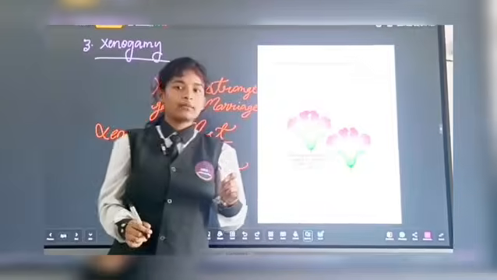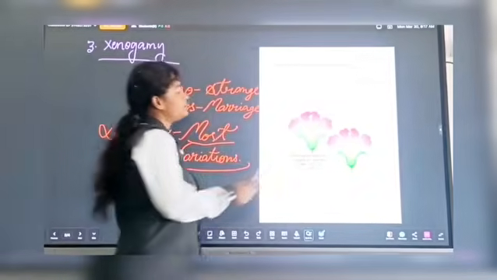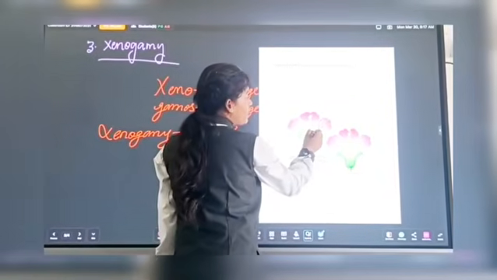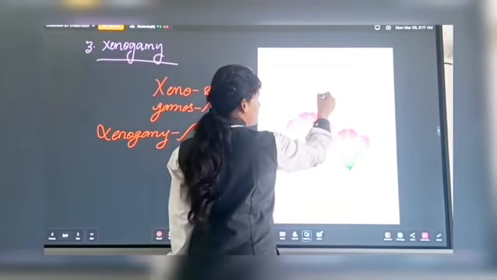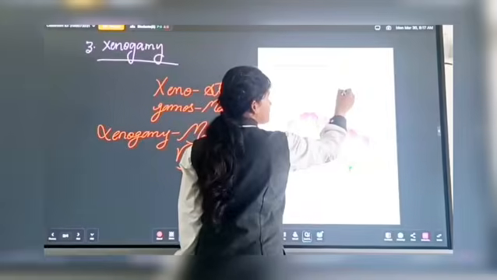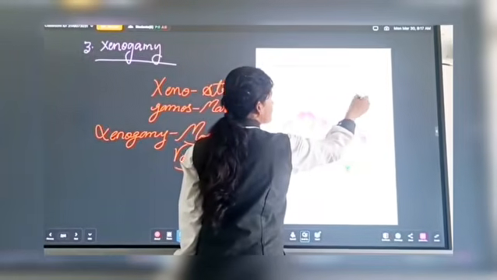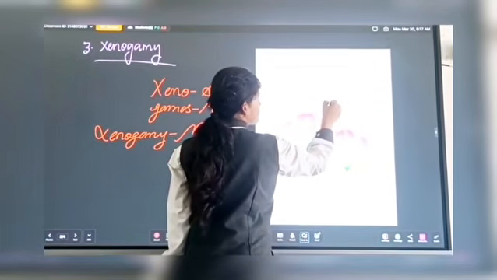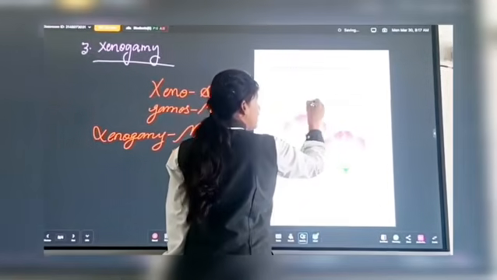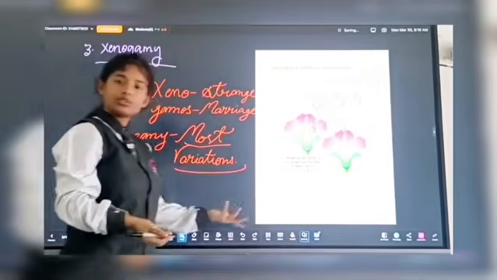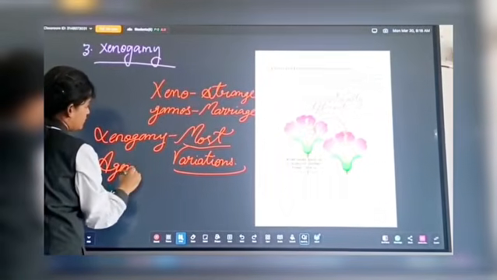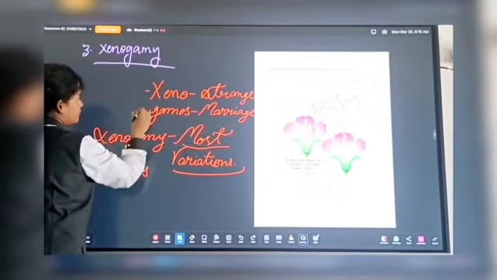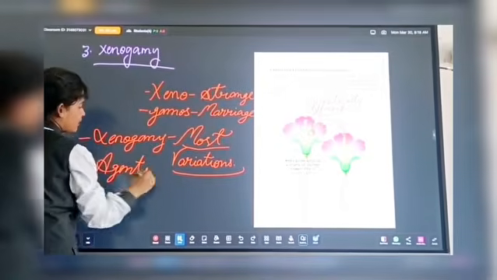And xenogamy is when the transfer of pollen grain from one flower to another flower is genetically different. And of course, it will also require agents.